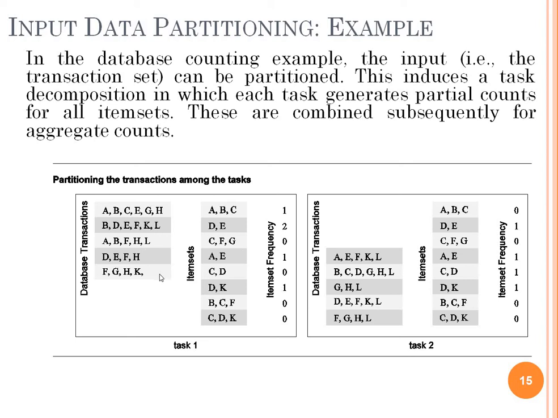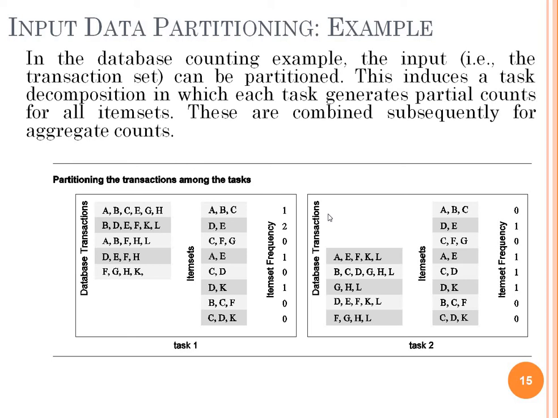Now here we can divide the transaction data set into two parts, 5 rows each. So in this figure, task 1 has 5 rows of the database, and task 2 has the next 5 rows. In this way we can decompose the given task into a number of subtasks.